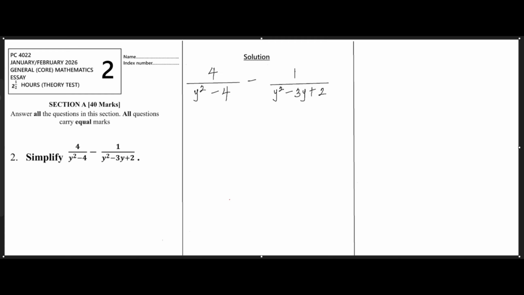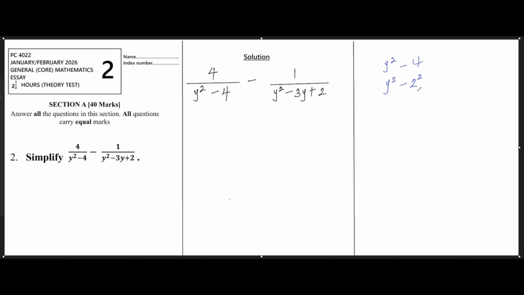Now the first one, how do we factorize y squared minus 4? So straight away there is difference of two squares, but to make it possible we need to write 4 in terms of power 2 or exponent 2. So 4 in terms of indices could be written as 2 raised to the power 2.